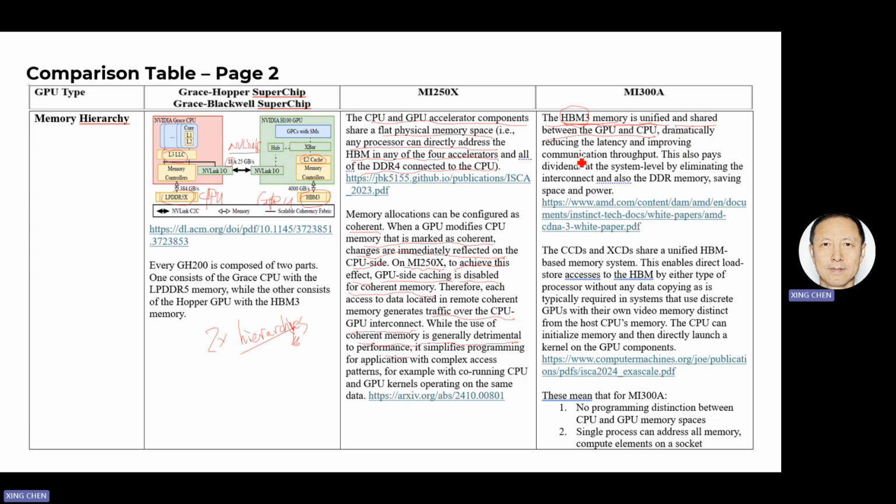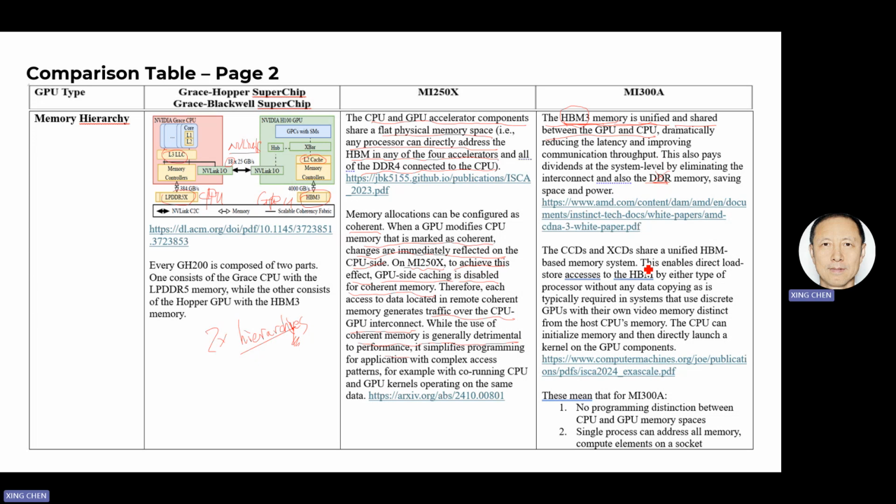This dramatically reduces the latency and improves the communication throughput. This also pays dividends at the system level by eliminating the interconnect and also the DDR memory. So DDR memory no more, you have only HBM memory. You remove the DDR memory from the host, from the CPU, and then you share this HBM memory for the CPU and the GPU.